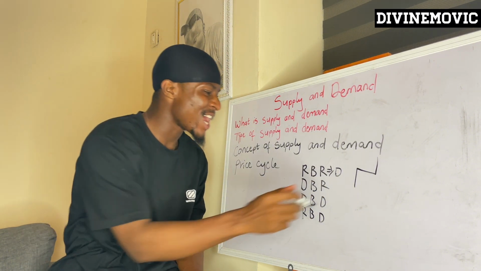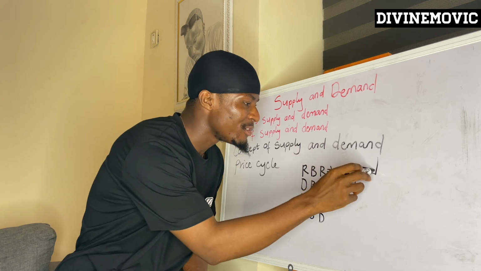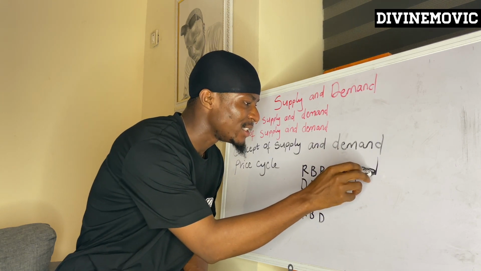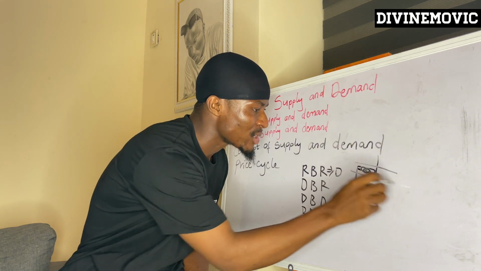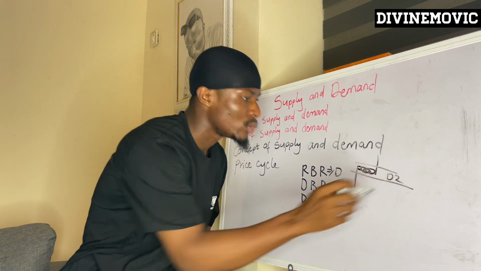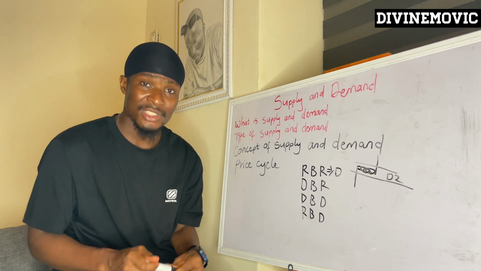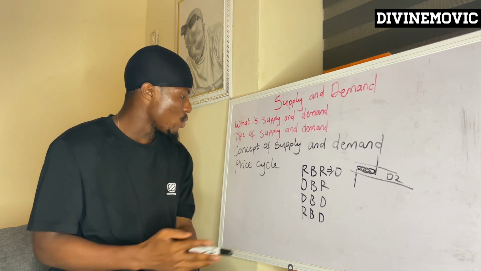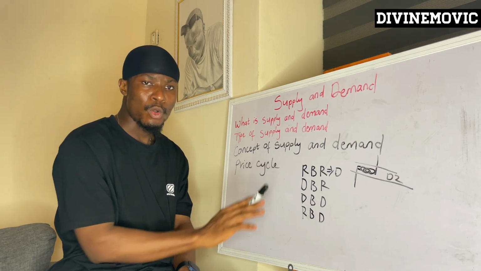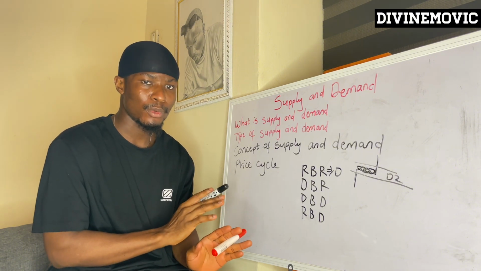When price rallies to the upside, goes into a base phase, and then rallies up, this point is referred to as a demand zone. Do you understand? Is it clear? It's going to get clearer when we start explaining price cycle. Just follow me as we take it step by step.